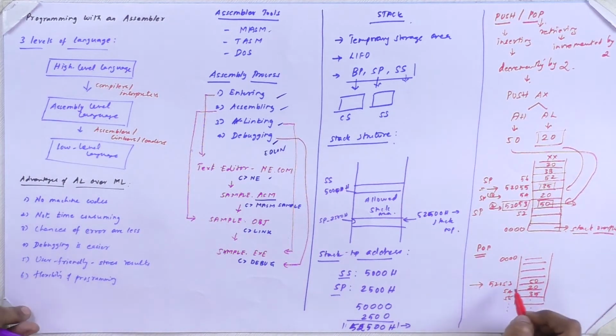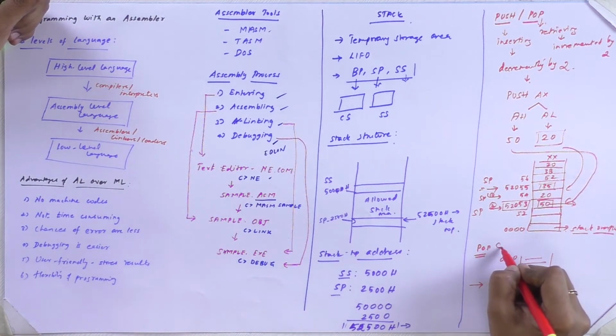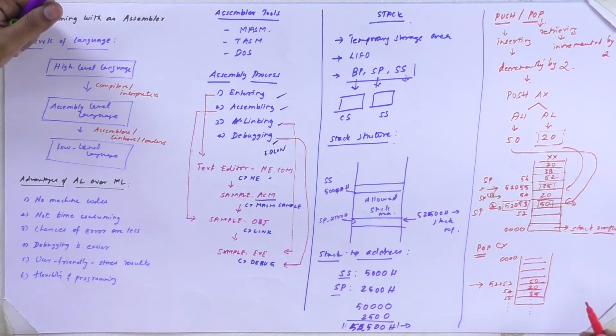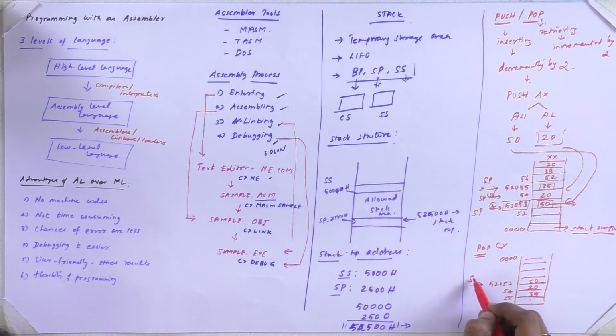The stack pointer is pointing to 52053. If you execute the instruction POP CX, then your processor will identify this memory location 52053, because the stack pointer is currently pointing to this location.